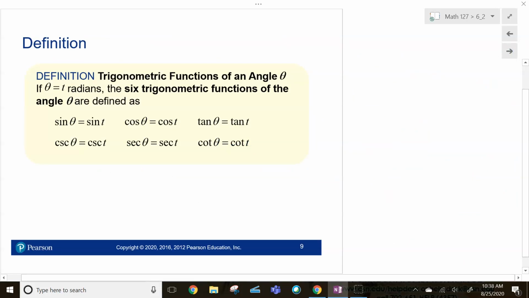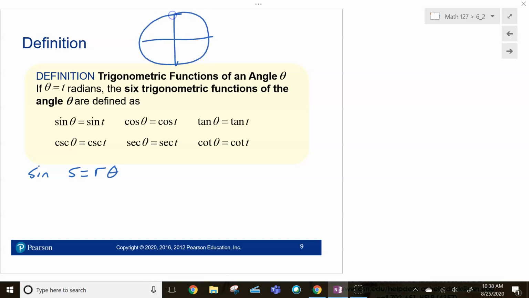Okay. Now, so we've done it for any real number t, and let me give you a little background again on this. I'm trying to give you some background so this makes sense. Since we're working with the unit circle, and we know S equals R times theta, right?